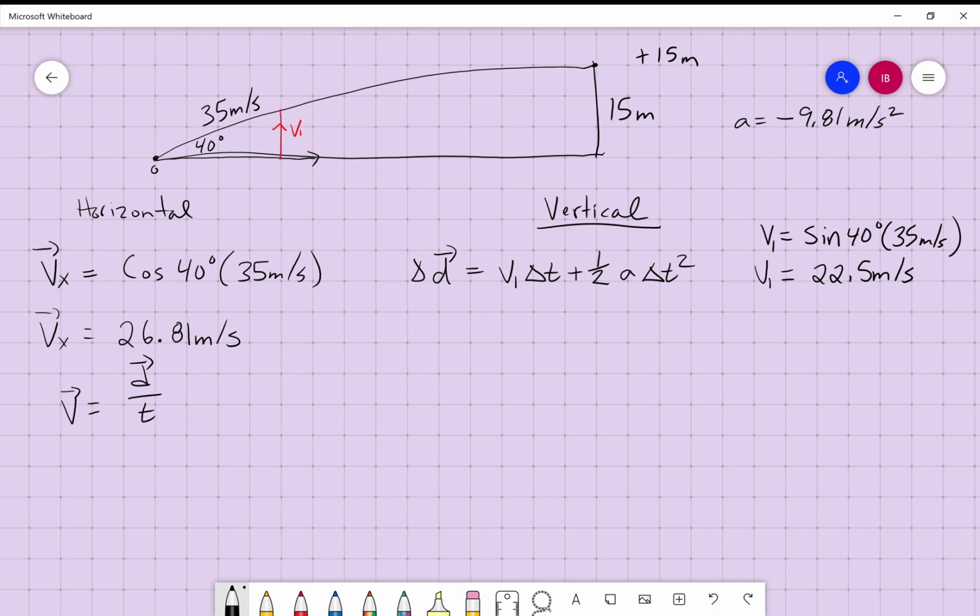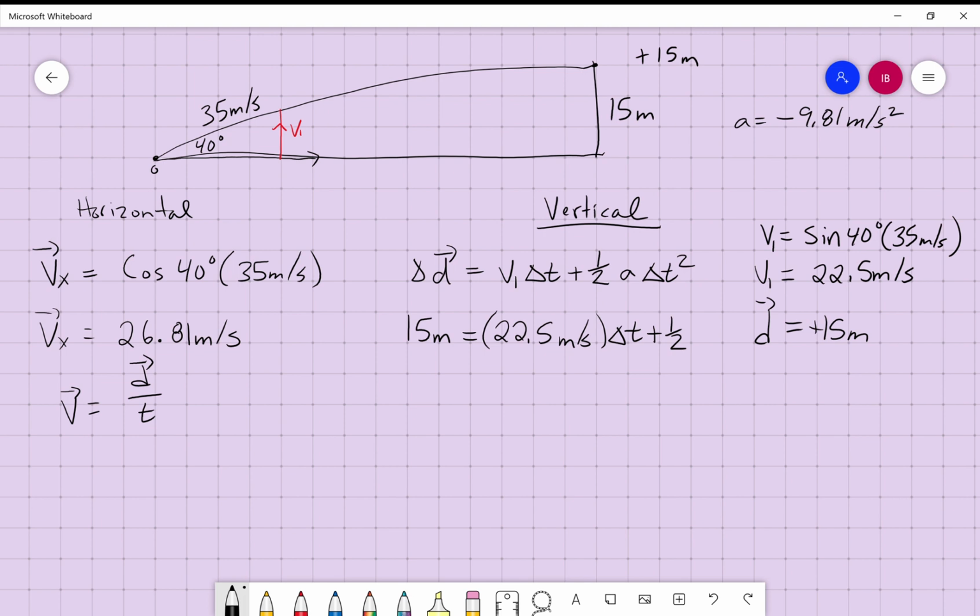So now we're going to plug in what we know. Our displacement, we do know this. The displacement is 15 meters, because it's 15 meters higher from where you started. So 15 meters is equal to 22.5 meters per second delta t plus 1/2.